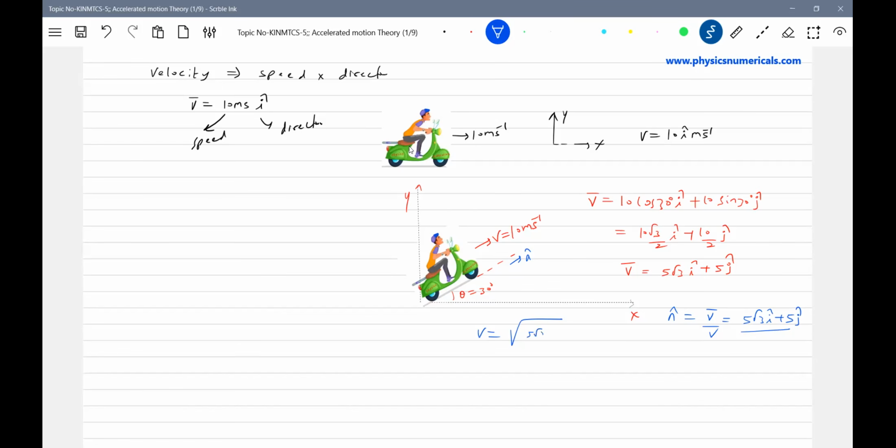You see, 5 root 3 whole square plus 5 square, 25 into 3, 75 plus 25 will be 100, so the magnitude is 10. So this n cap will become root 3 by 2 i cap plus 1 by 2 j cap. So this will be the direction.